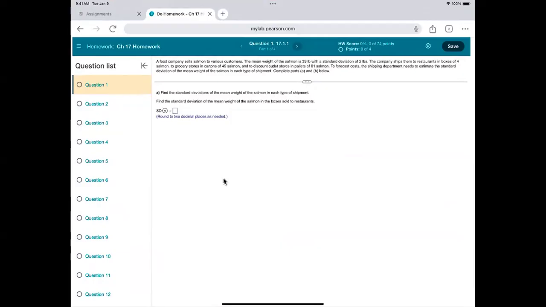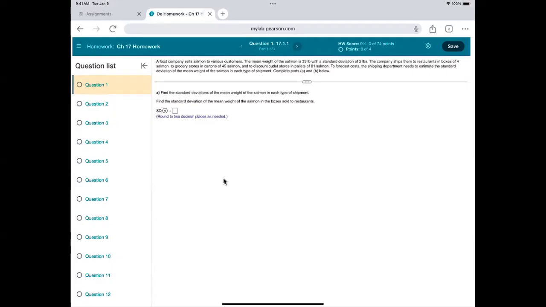So to do question 1, my problem says that a food company sells salmon to various customers. The mean weight of the salmon is 39 pounds. So you see here, you've been given the population mean.